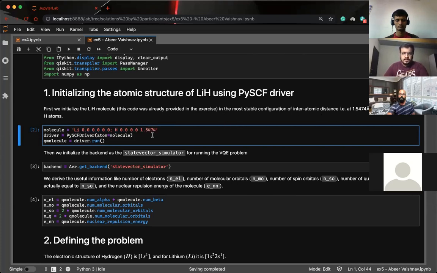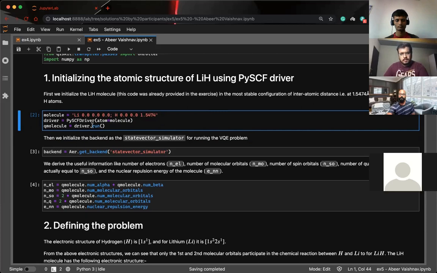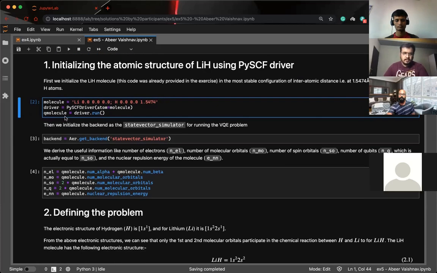The reason for that is that this is the most stable configuration for the LiH molecule for interatomic distance. Then we run this driver, so we get a representation of the quantum structure of the molecule, right?